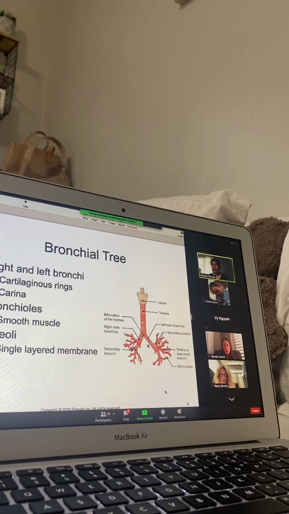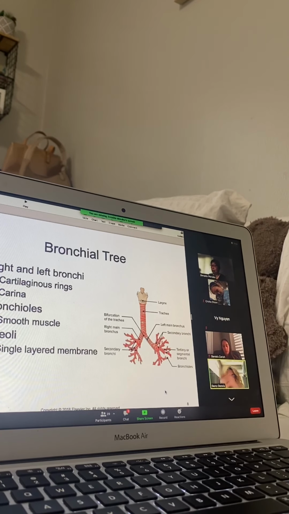Okay, what other difference can you see between the right and left bronchus? The left bronchus is larger, shorter and wider.